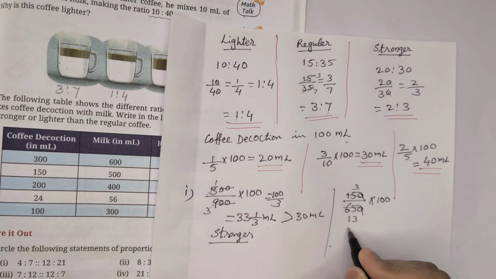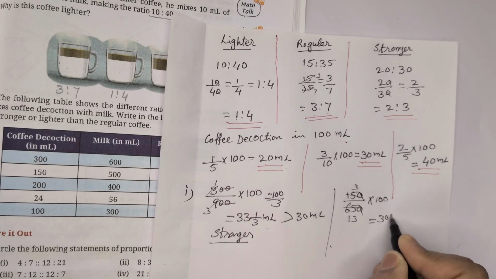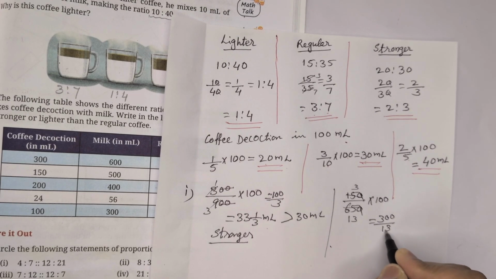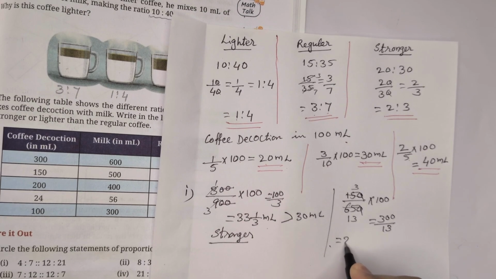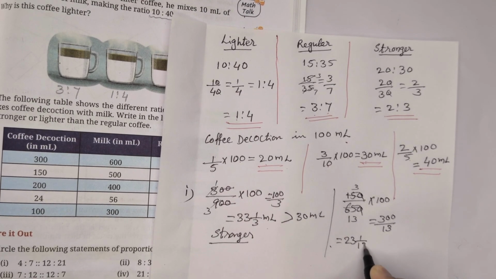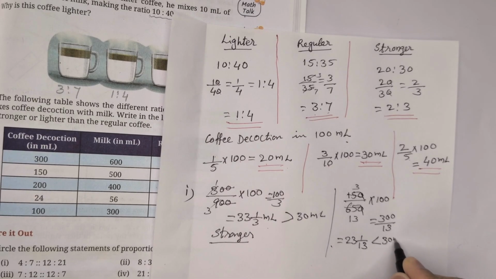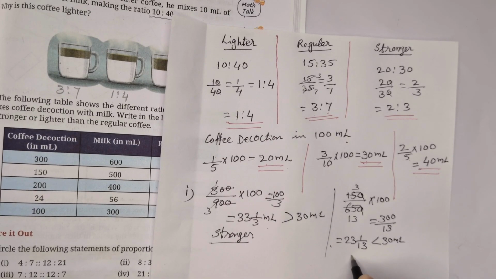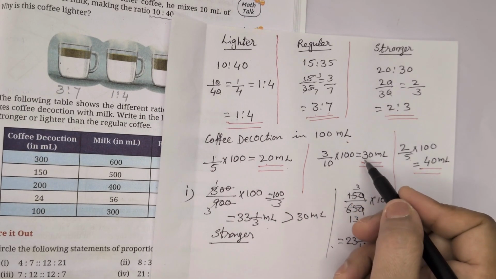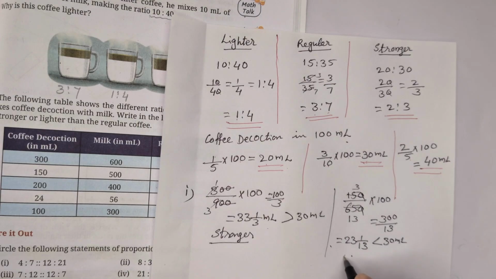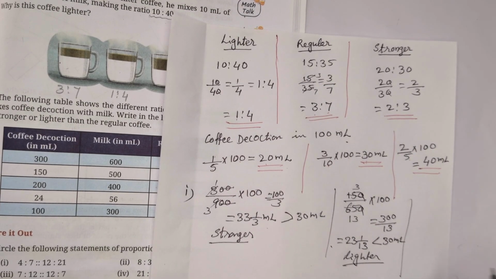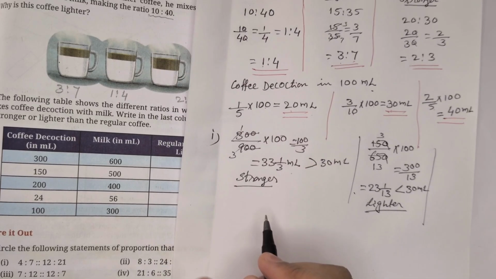So it is equal to 300 by 13. It will come 23 and 1 by 13, which is less than 30 ml. So we can write this is less than 30 ml, which means lighter.